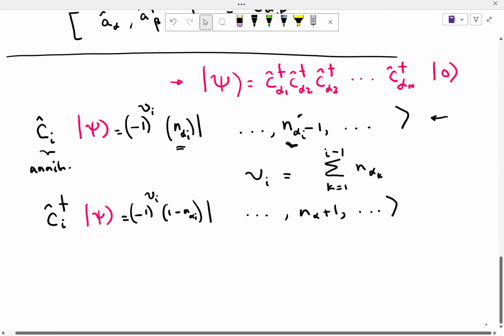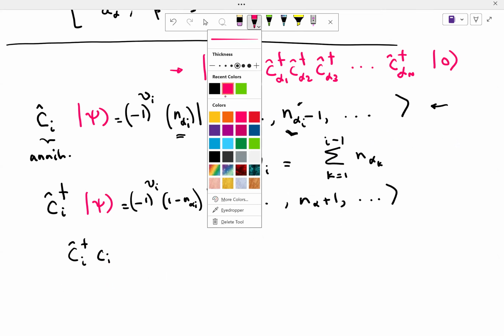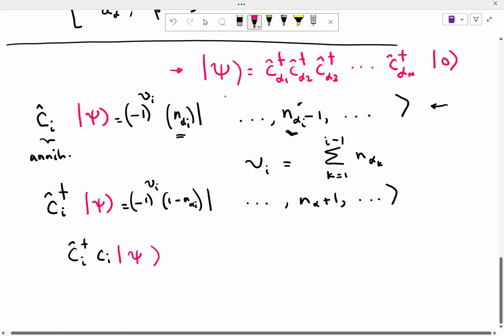And I can also see what the impact of Ci dagger Ci on psi is going to look like. This you can do as homework. This will simply be the number of particles in the state alpha I. So this is something for you to prove on your own.